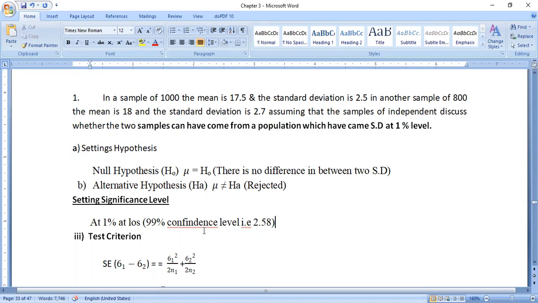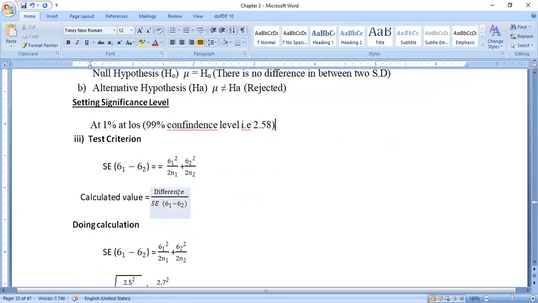Then next is the test criterion. In the test criterion we have to clearly mention the formula at this stage, so you will get the idea also. The standard error of standard deviation 1 minus standard deviation 2 is equal to the square root of standard deviation 1 squared divided by 2 into n1 plus standard deviation 2 squared by 2 into n2.